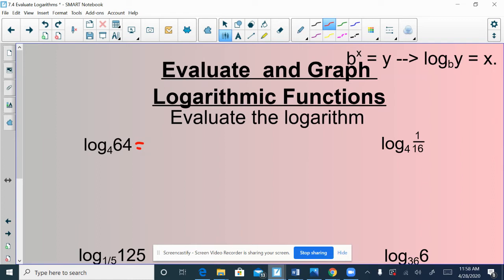But what I really want to encourage you guys to get to is this is saying 4 to a power is 64. And we could now do a guess and check. We should have a pretty good idea of this, but you could guess and check. Some of these you probably will need to. 4 to what power is 64? That would, of course, be 3.